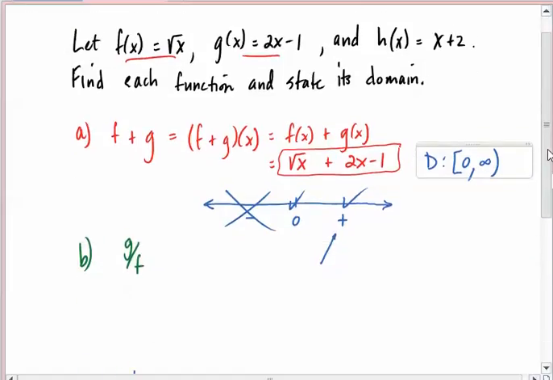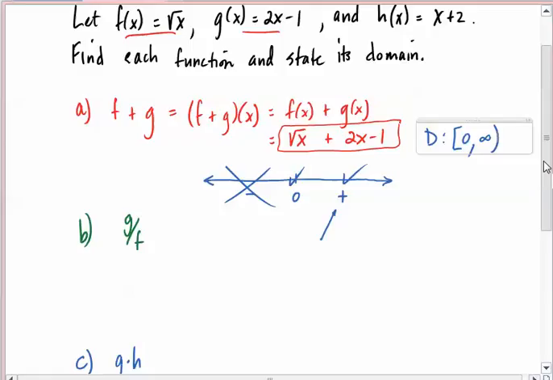So let's take a look at the next one. We have the g function divided by the f function, and that simply means take g of x and divide by f of x, and we'll see what we get. So we have the g function, which is 2x minus 1, divided by the f function, which is this.